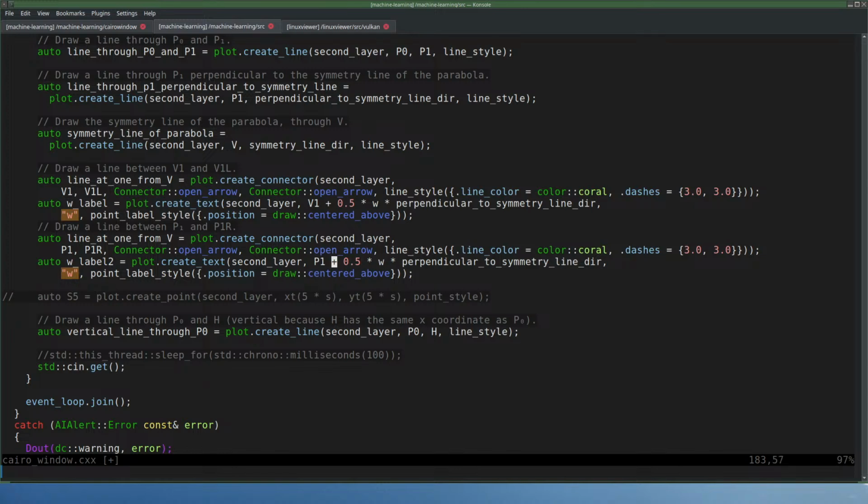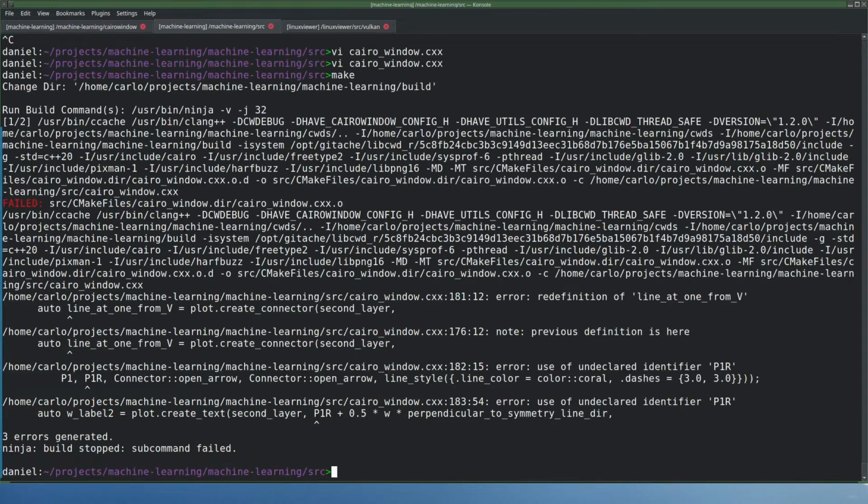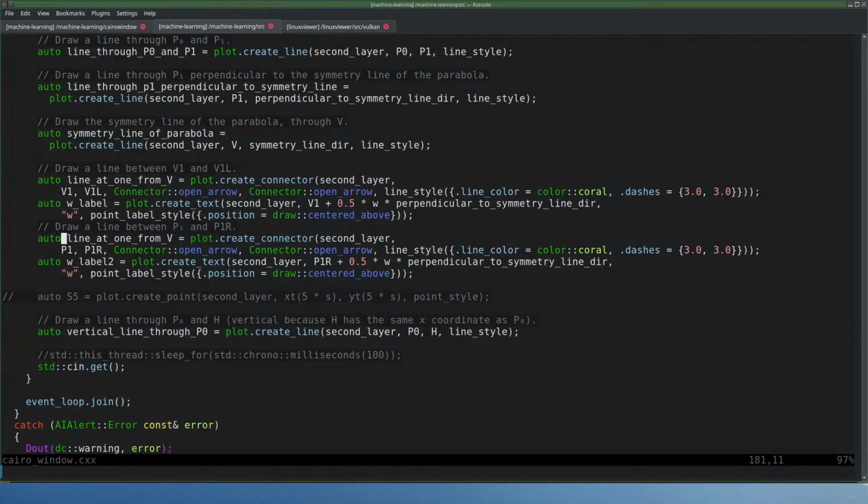Probably the other way. From this one goes from V1 to the, let's say right, and this one must go to the left, or I could do a plus, but then just take the P1R here, I guess. Or not. Redefinition of, oh, now we have two of those. Yeah, it's so not it.